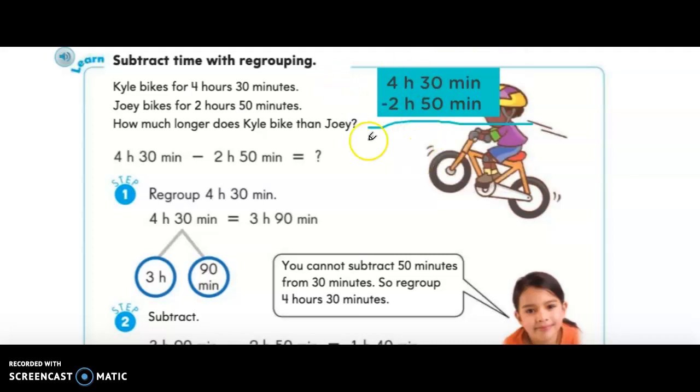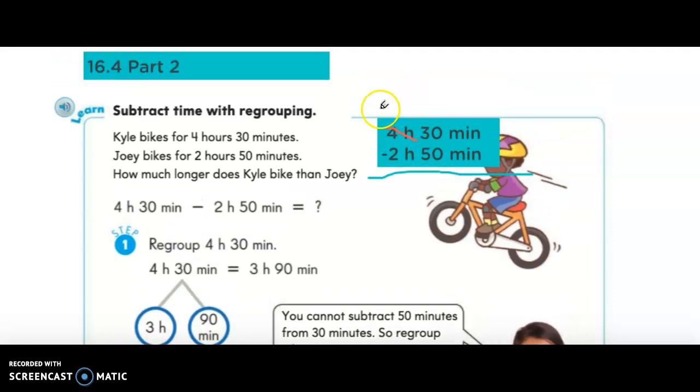For this one, we are going to take an hour away. So this is now going to become 3 hours. Now, if we think back to when we were exchanging all those different minutes and hours, you should know that an hour is worth 60 minutes.